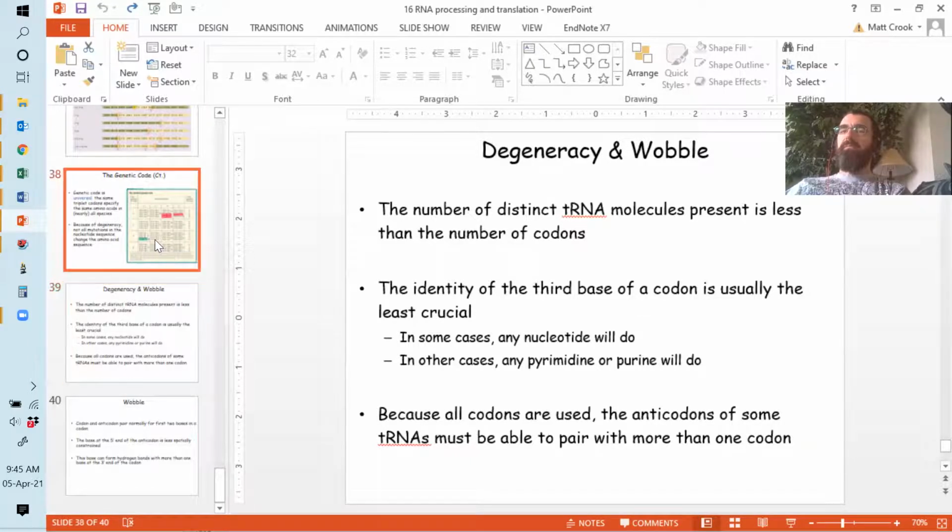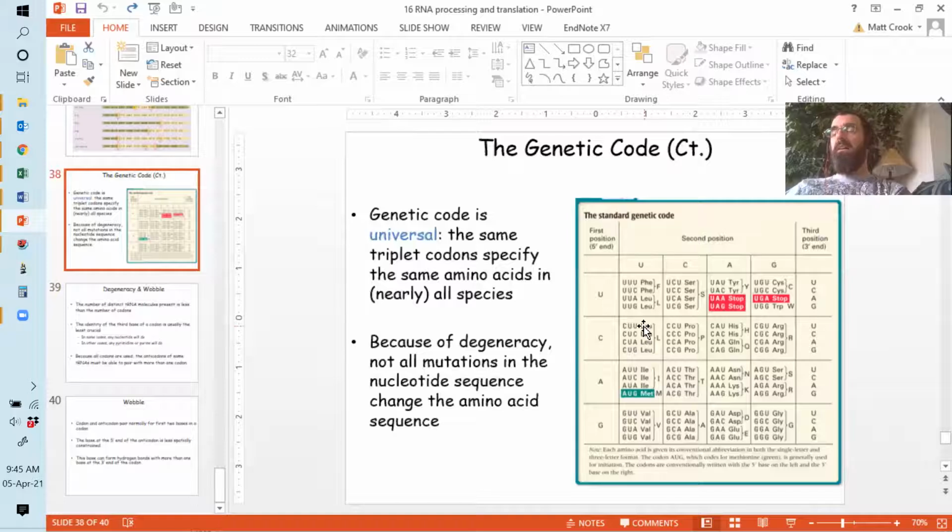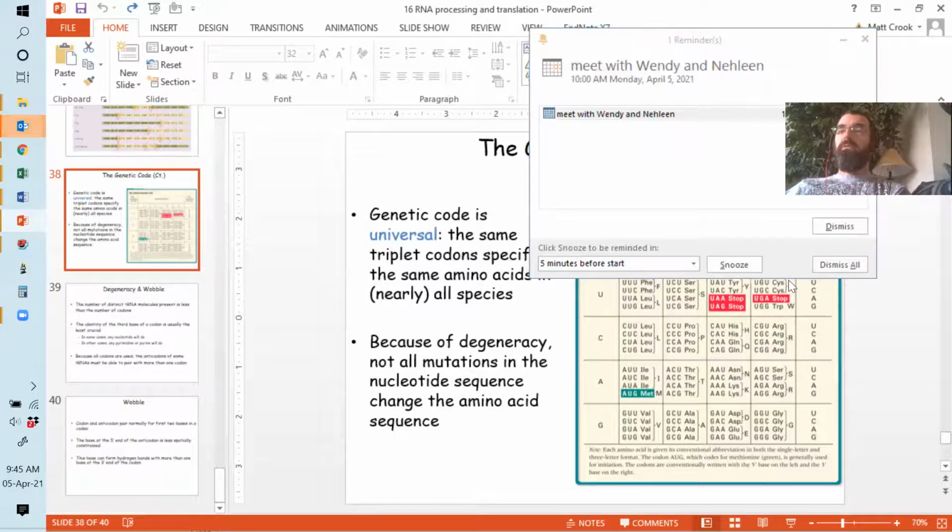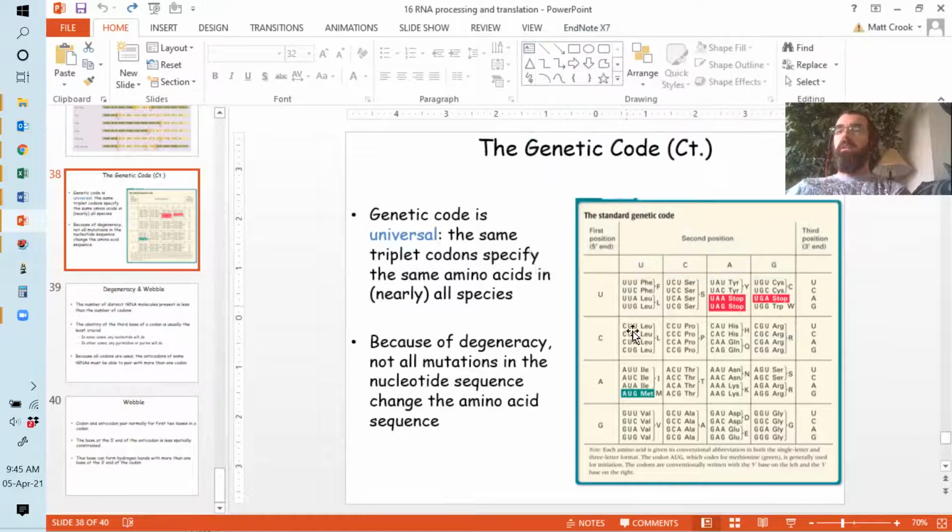stringency about it. And so essentially what you have is a limited number of tRNAs, sorry, that recognize these 4 codons.